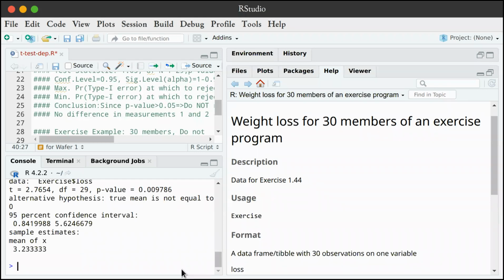My question is, is it an effective exercise program if after minus before is 3.233? Let's say you have 160 as after, before 163.23, or sorry, before minus after. Oh no, after minus before.